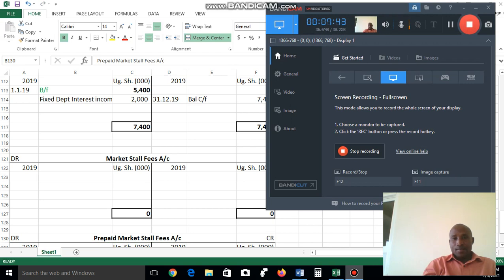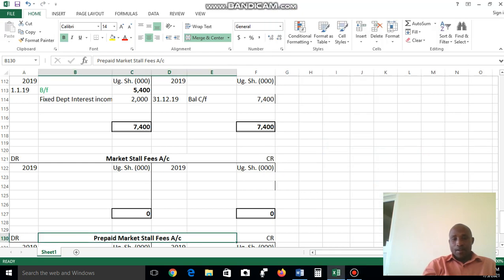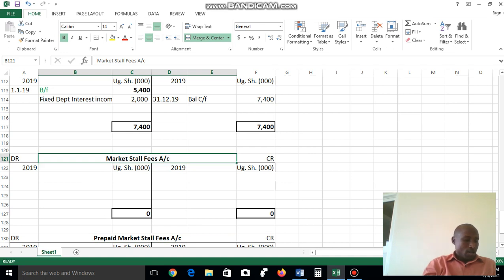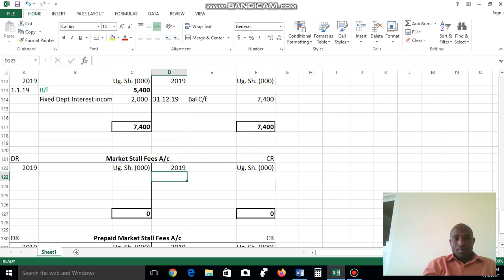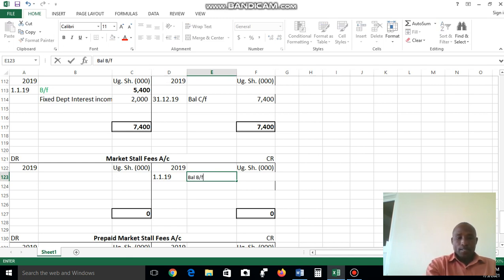For this case, you have to open market store fees. Remember, we have to bring the balance, that is 1st January 2019, the balance brought forward.